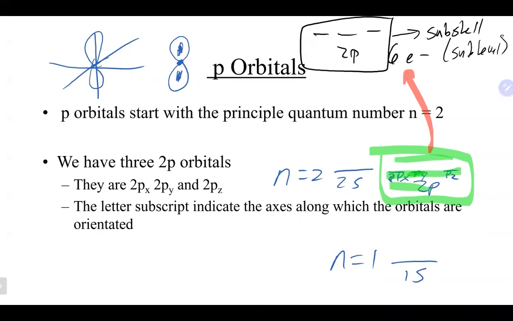So the 2p subshell, which is composed of 3 individual p orbitals, px, py, and pz, could hold a maximum of 6 electrons. Basically, if each of those lines are the orbitals, 2 electrons in each. An individual 2p orbital could hold how many electrons?